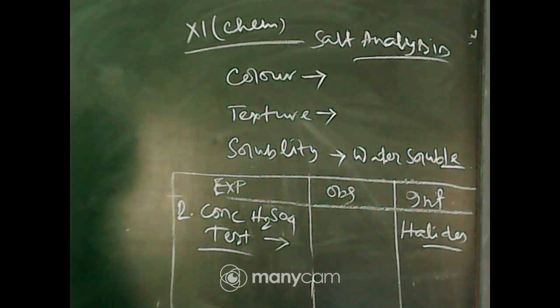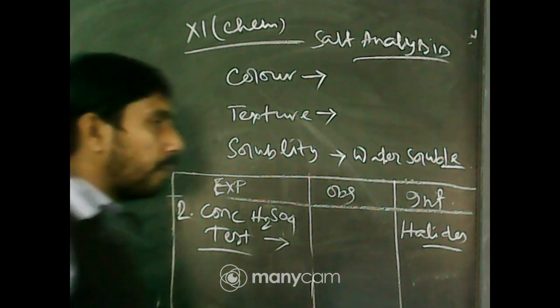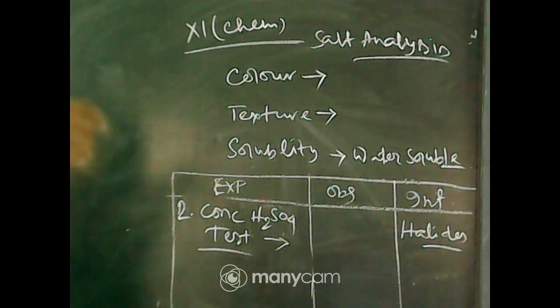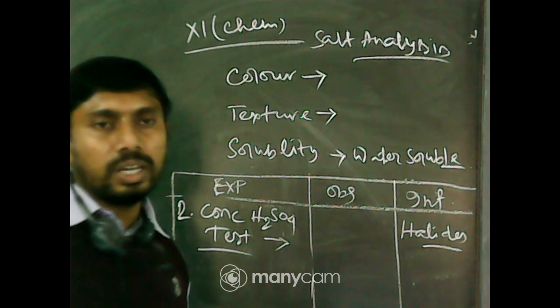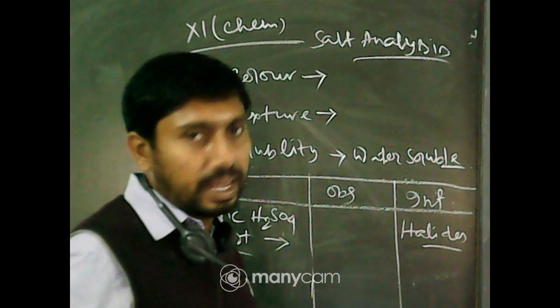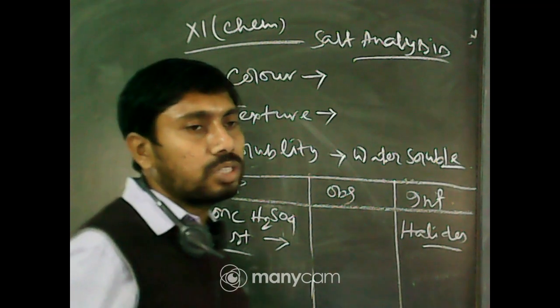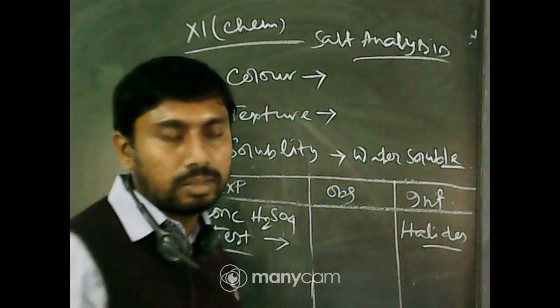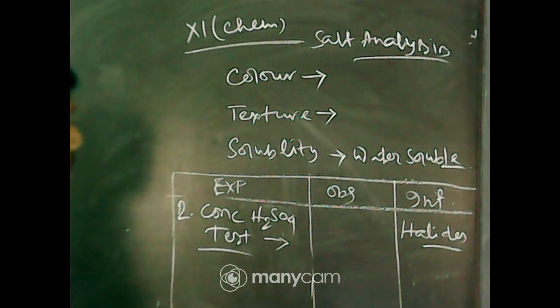And if a colorless gas with pungent smell turns up, a paper soaked in ammonium hydroxide, when held over the issuing gas from the test tube, will make a thick vapor of ammonium chloride. This is a solid. So, these kinds of tests are the concentrated H2SO4 test.